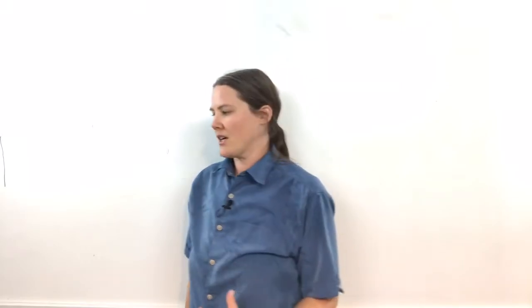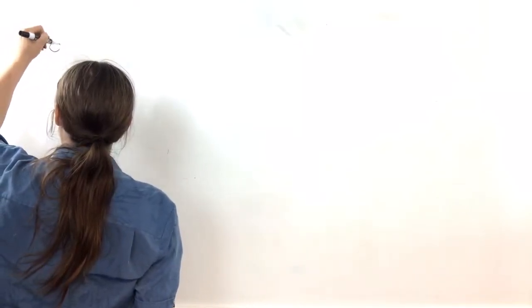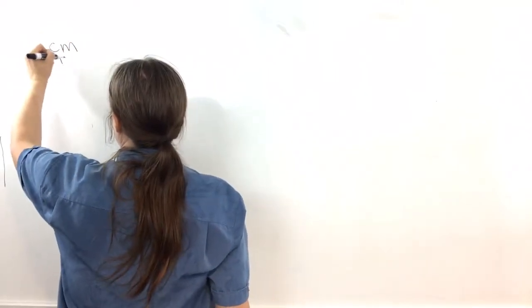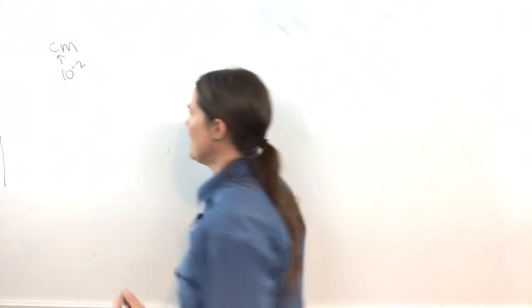Video, I'm planning on going over how to convert between different metric unit prefixes. Just as a reminder, metric prefixes are things such as centi. Let's say we have centimeters. The centi is equal to 10 to the negative 2.